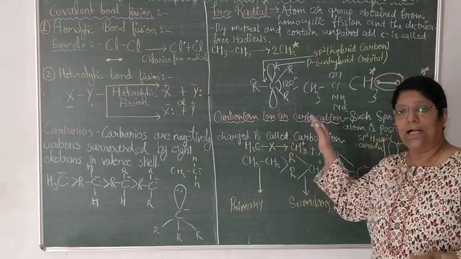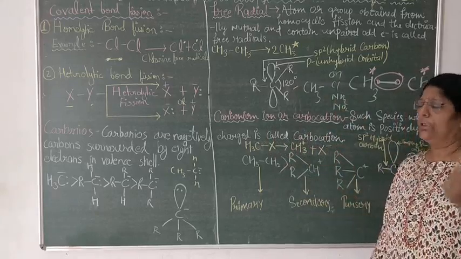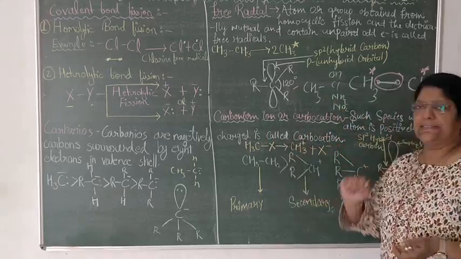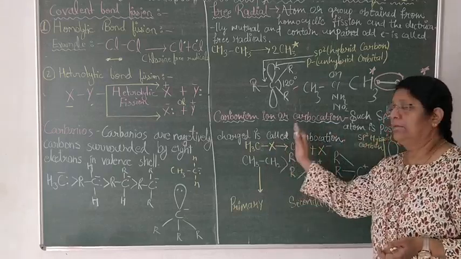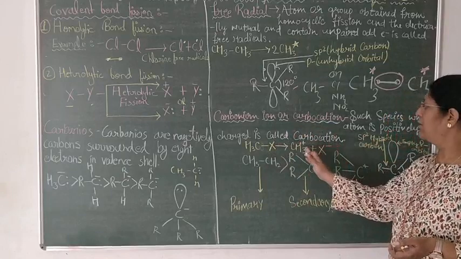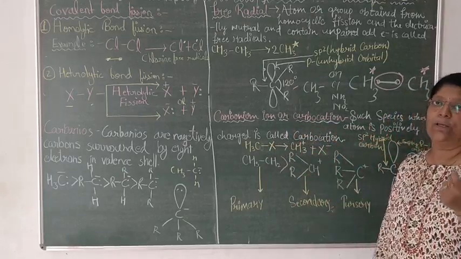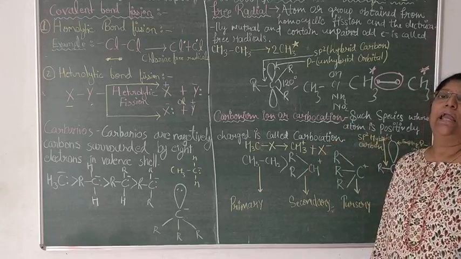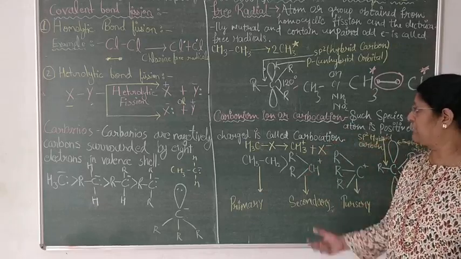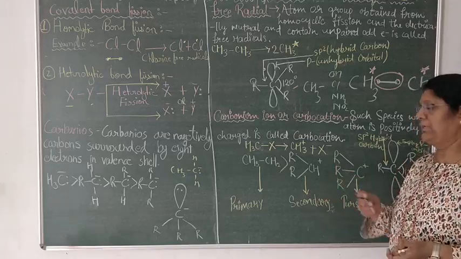Now I am talking again about carbocation. When we split this bond and the pair of electrons moves towards the negative end, the other part becomes positive. When this methyl group becomes positive, any electronegative element will come towards this methyl group and attach.